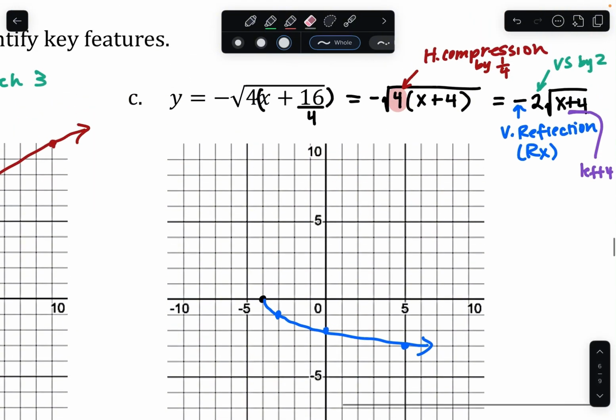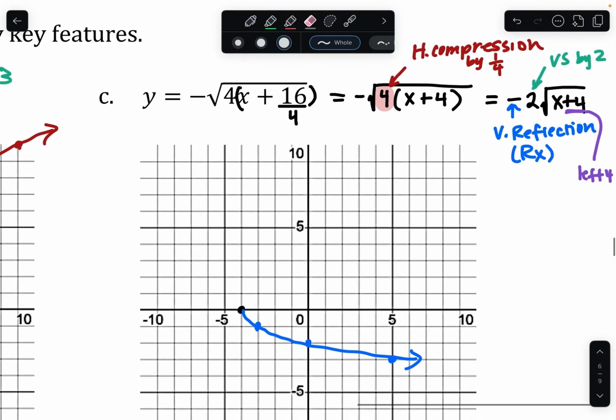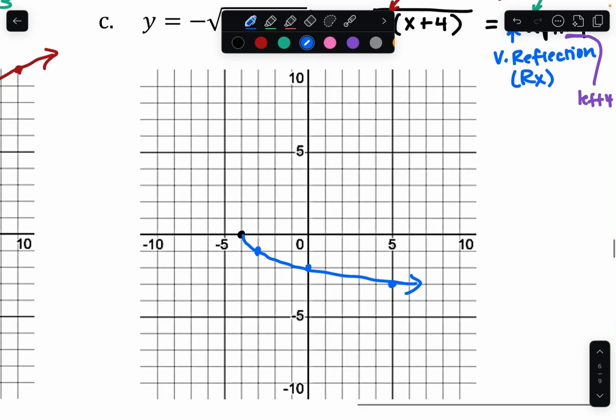And then the only thing we haven't done so far is our vertical stretch by 2. So just like the last example, instead of going up 1 between our points each time, we're going to go up 2. Okay, and so this starting point stays, but now I'm going up 2 to get to my next point, up 2 more to get to my other point.